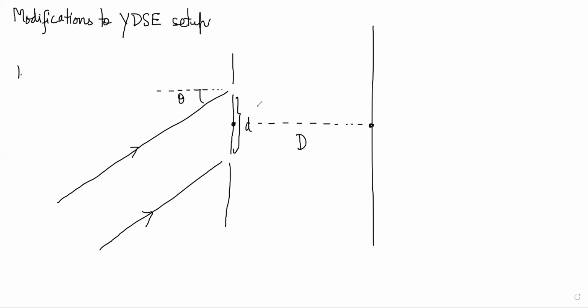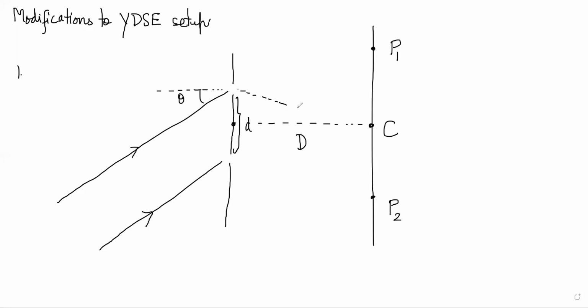Now, due to this, how will you analyze your intensity at a point P or something? Let's take 2 points, P1 and P2. One is below the central maxima point and one is above. Let's also analyze it at the C point.